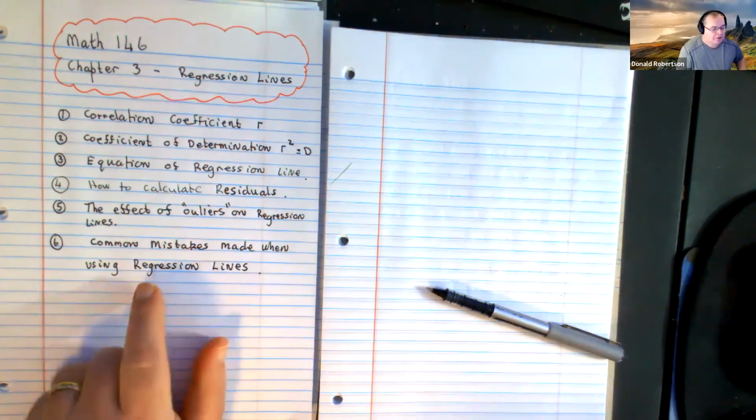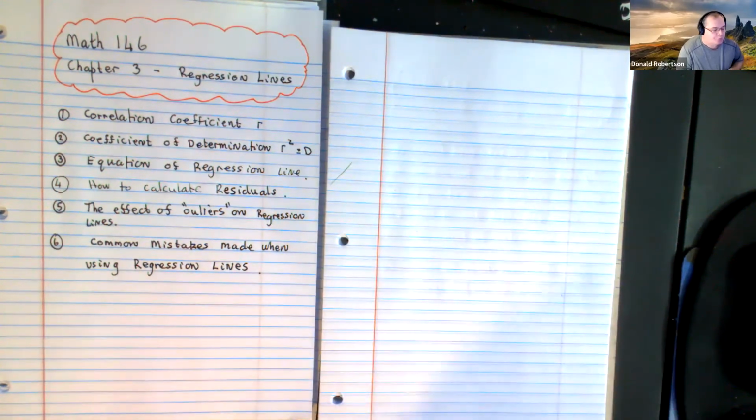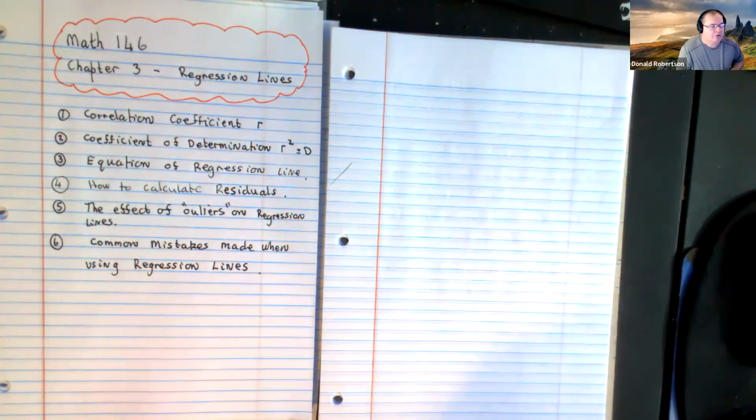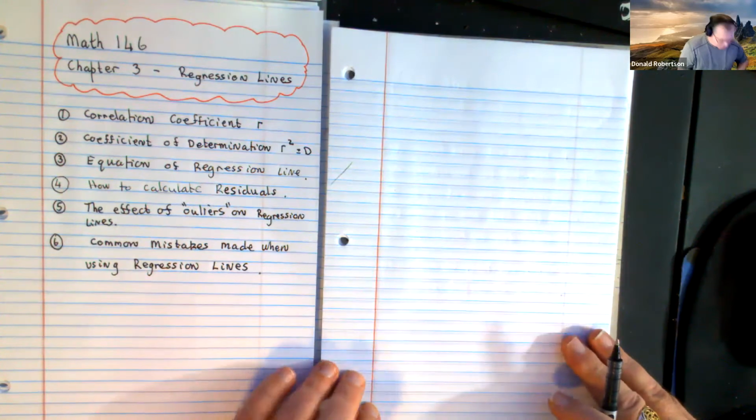So we'll be looking at how people do that, or how we make mistakes, because sometimes they're just natural mistakes. There's no malice involved. They've just used the regression lines in a way that they weren't designed to be.